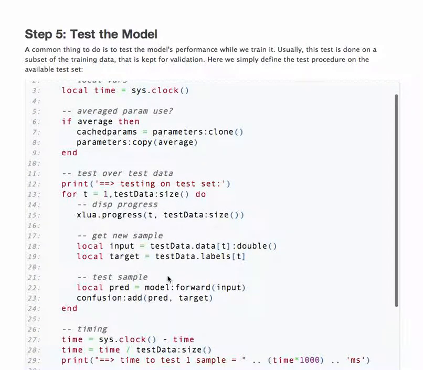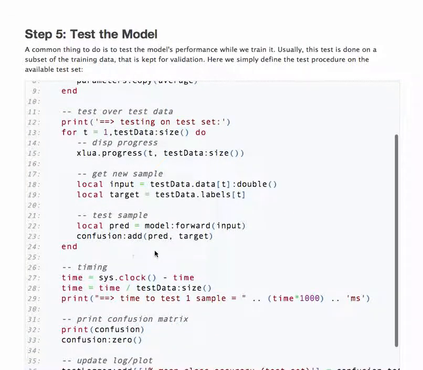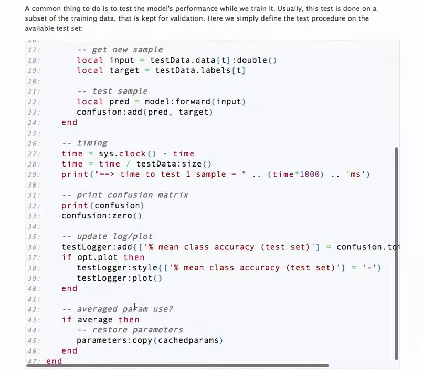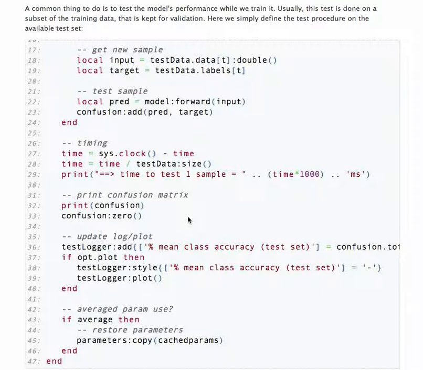You do a forward pass of every single input, and then you create a confusion matrix. You again check the time, check the confusion, and plot all the results. And that's basically it. That's the most important thing about this supervised training. And we have to thank Clement Farabet for putting together this very nice tutorial.